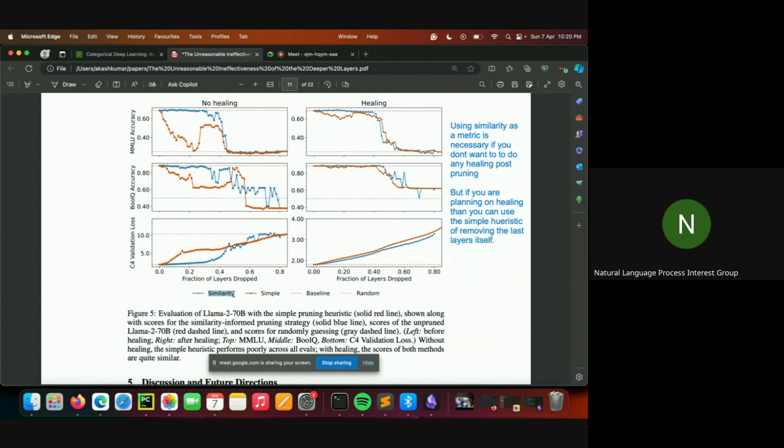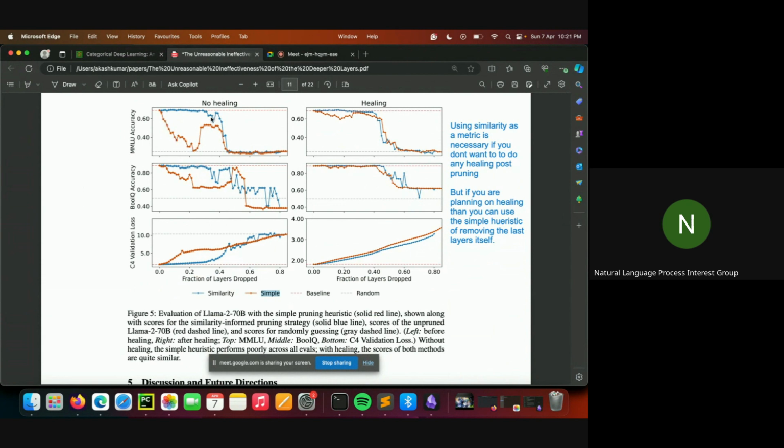So you can see here the comparison between the similarity method and the simple baseline, basically removing the last layers. This is the evaluation of the Llama 2 70 billion model. And here you can see that if you just randomly remove the last layers, the performance degrades quite quickly, even without healing.